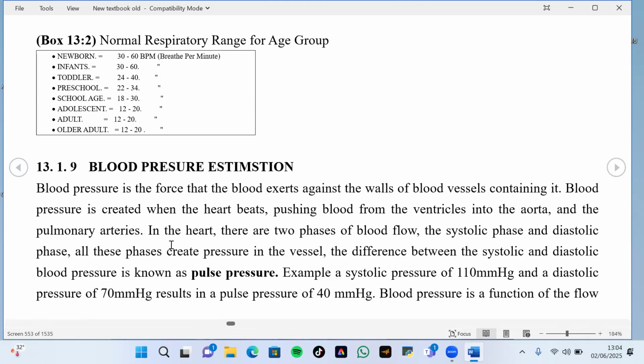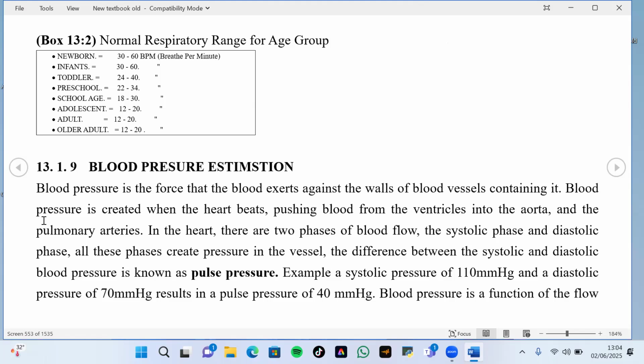Now let's look at blood pressure estimation. Blood pressure is the force that the blood exerts against the walls of the blood vessels containing it. That's just it. And this pressure is created when the heart beats, pushing blood from the ventricle into the aorta and the pulmonary arteries.